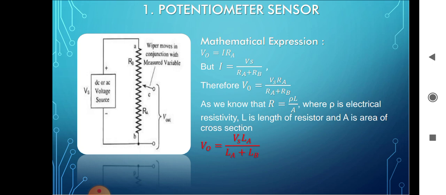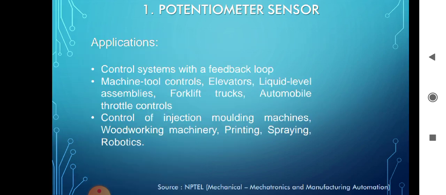Then a mathematical expression is given for measuring the output voltage. For the output voltage, you take the ratio of the voltage across the resistor and the sum of the two resistors, Ra and Rb, which is the resistance of the potentiometer.